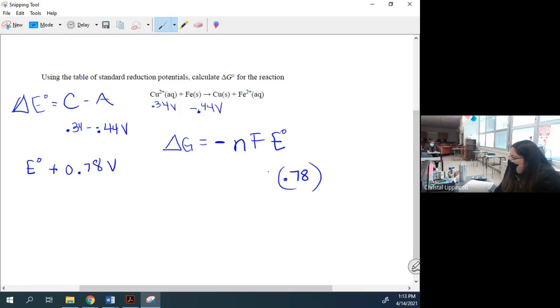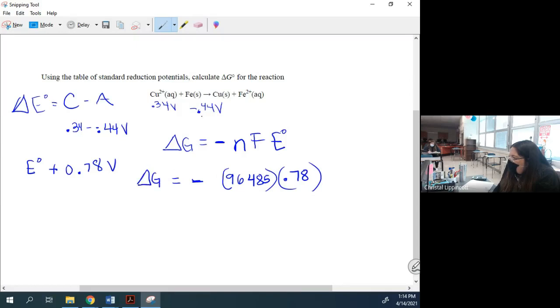My Faraday's constant is 96485. My n value, we still need to calculate that.